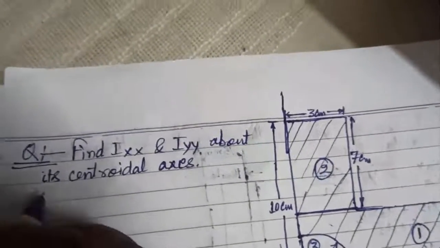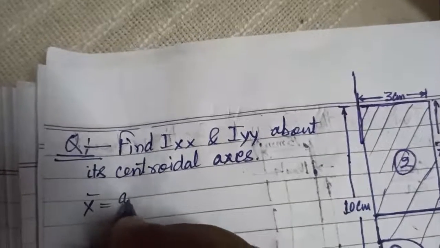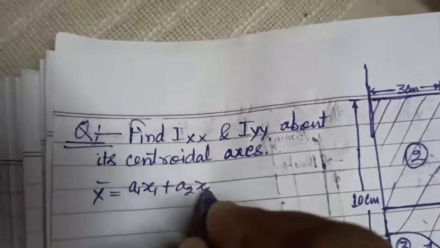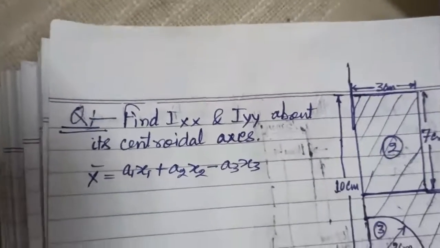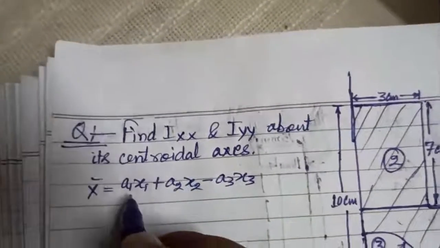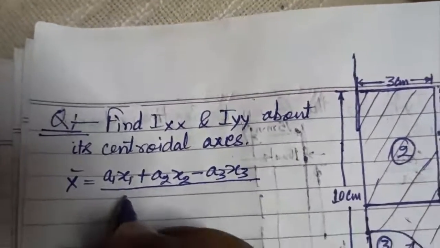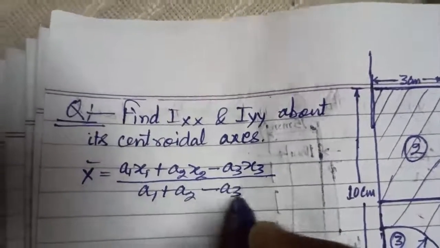For this centroid, x bar is equal to a1x1 plus a2x2 minus a3x3, because this 3 is deducted, upon a1 plus a2 minus a3.